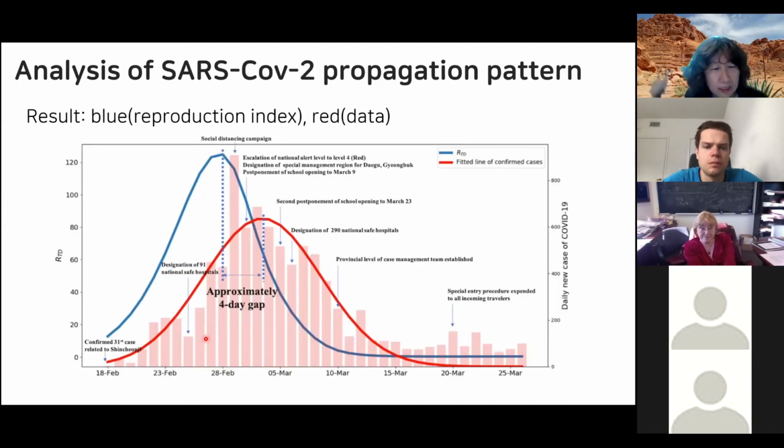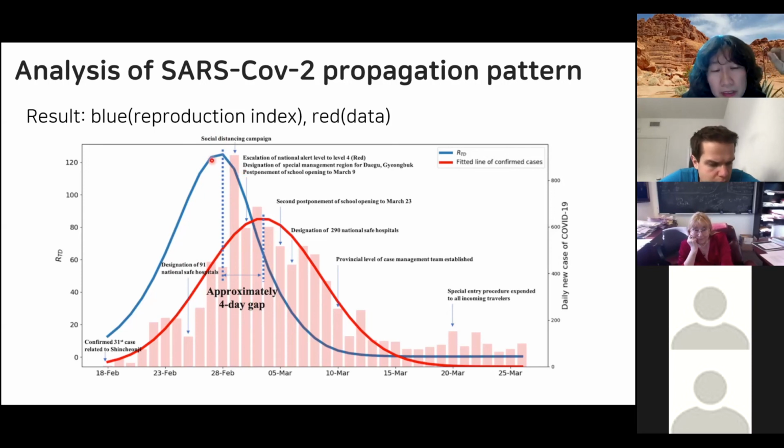Here are the very important graphs I'm going to explain. We can compare 2 graphs, blue and red. The blue graph is the reproduction index computed by the mathematical model and deep learning. The reproduction index is the ratio between beta and gamma, which I explained before.